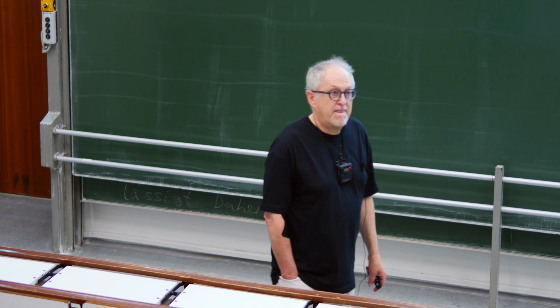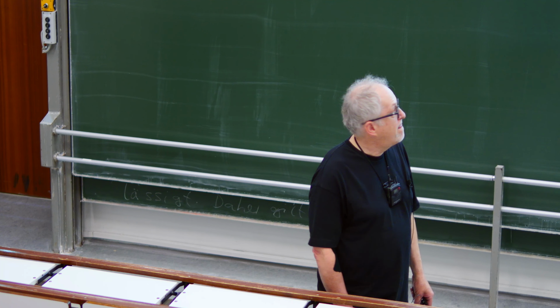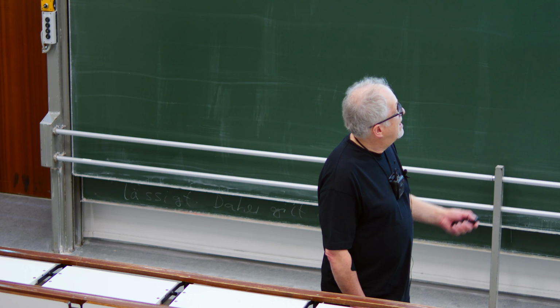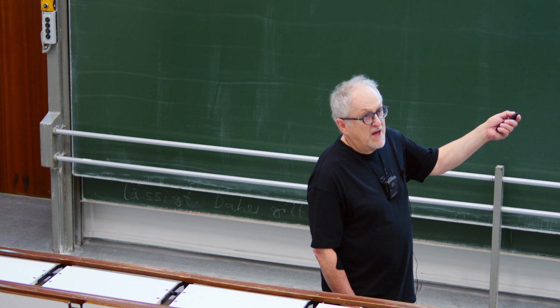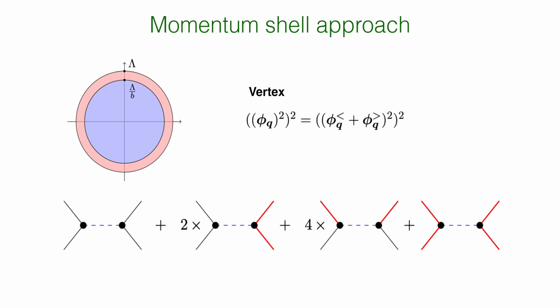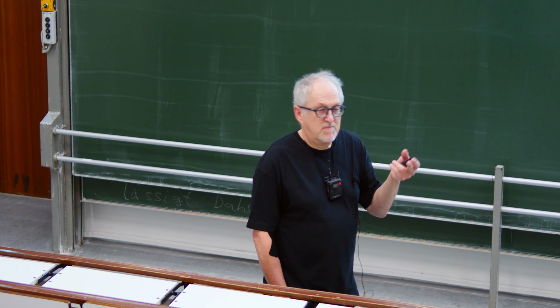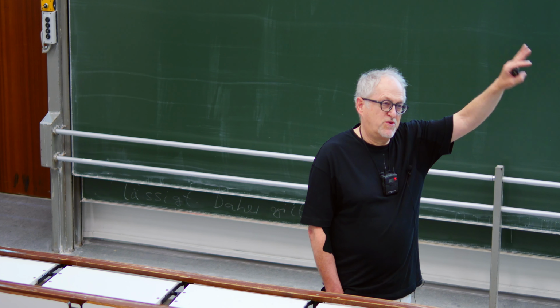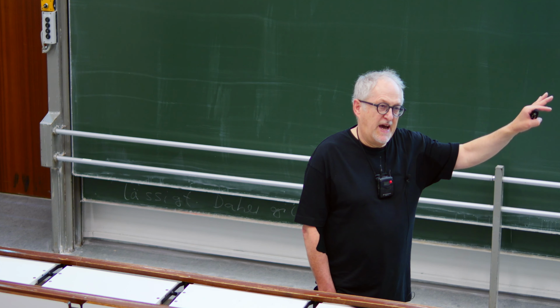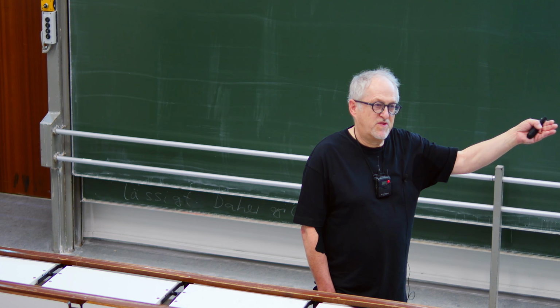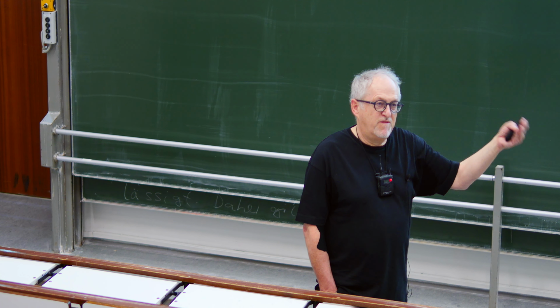Yeah? Why wouldn't we have three red legs and one leg? Well, you can do the count. Yeah, you can have them, but they would not contribute to this object that we have here. We had it before, so when you remember what I did just a few lectures before, when I wrote down all the different diagrams, I had cases like so, and they would contribute to other types of vertices.